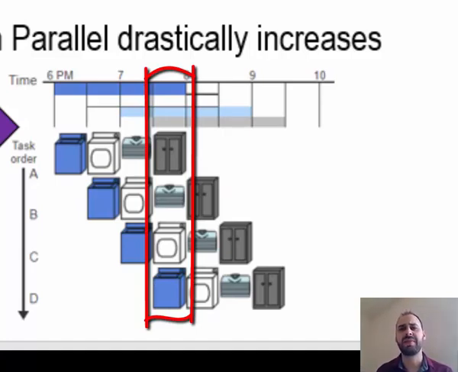Imagine the ideal situation of doing laundry is that your washer and dryer take the exact same amount of time, same with folding and putting it away, so that nothing is ever idle. Realistically, that does not happen.